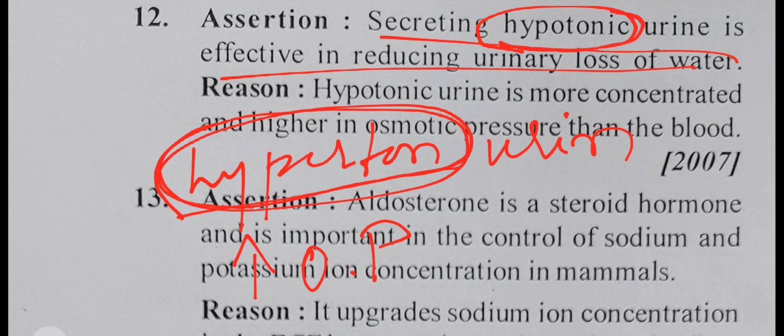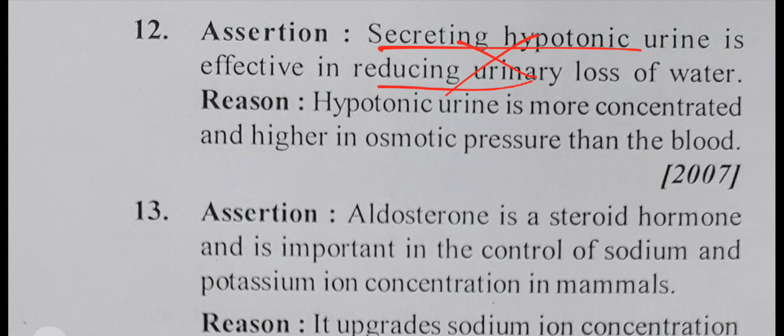Coming to the reason: hypotonic urine is more concentrated and high in osmotic pressure. As I already explained, hypotonic is less concentrated, hypertonic is more concentrated. So directly you can conclude that this is false.